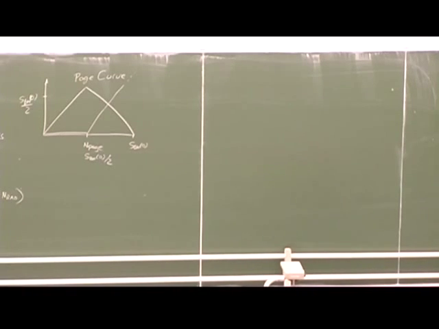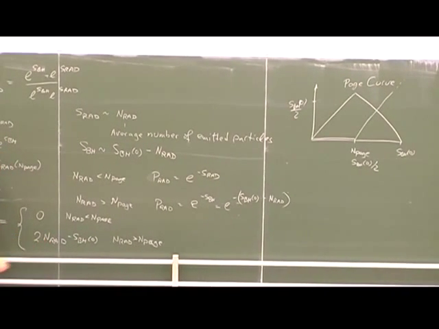Because it is equal to 2 n rad minus S_BH. So when n rad is equal to S_BH of 0, this value is S_BH of 0. So in this case, we recover all the information that was there. The purity of the system, of the radiation, is 1, and everything is fine.